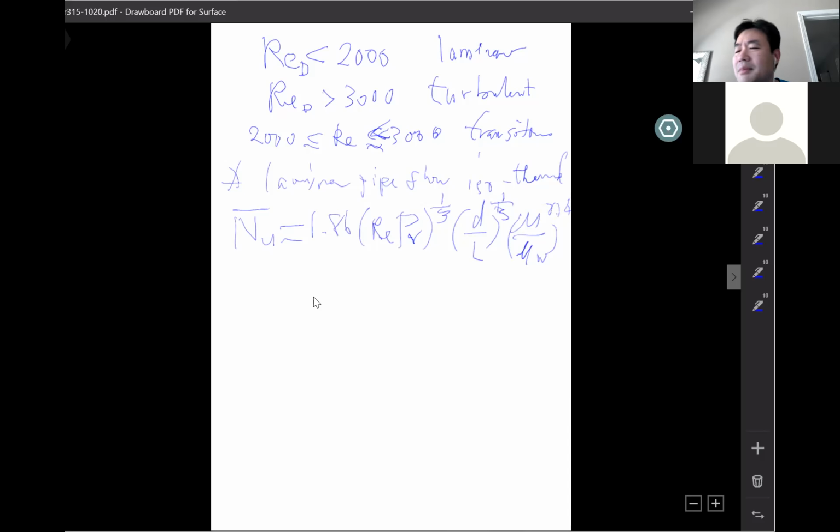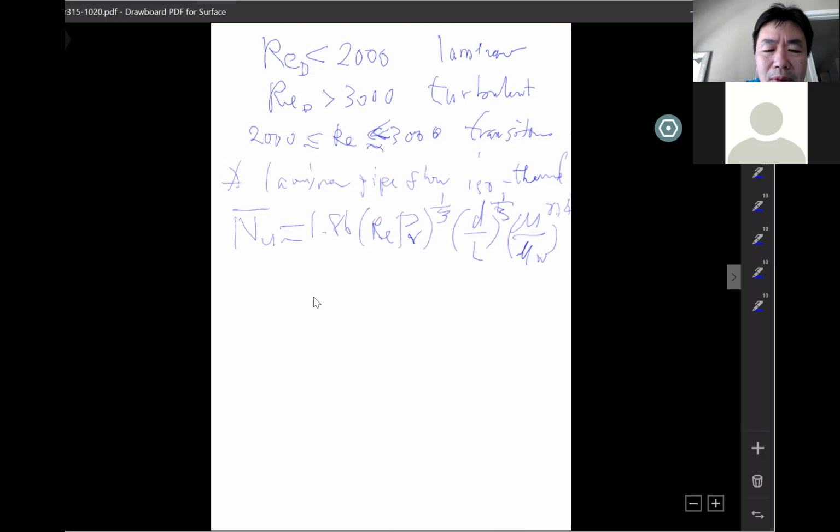Sometimes, if the wall temperature is much higher than the fluid temperature, you have to take into account the property change between the near wall region, which is high temperature, and the middle of the pipe region, which is low temperature. The property could differ, although it's the same fluid, because of the temperature difference.